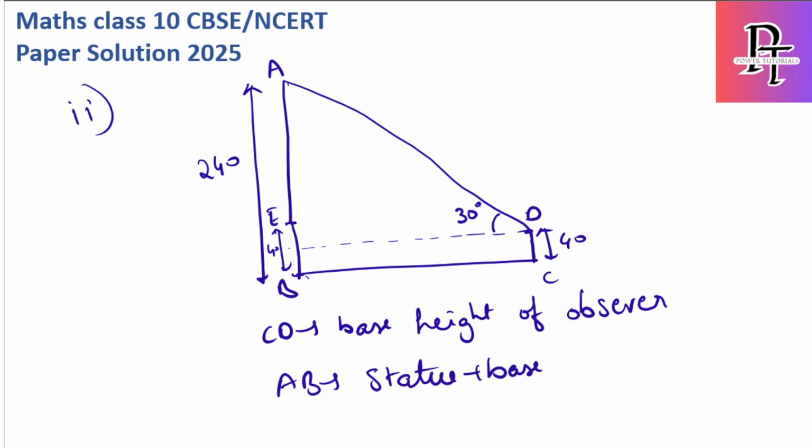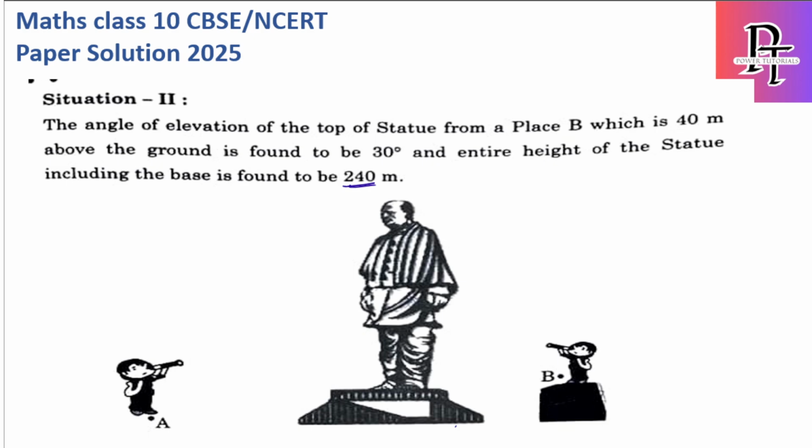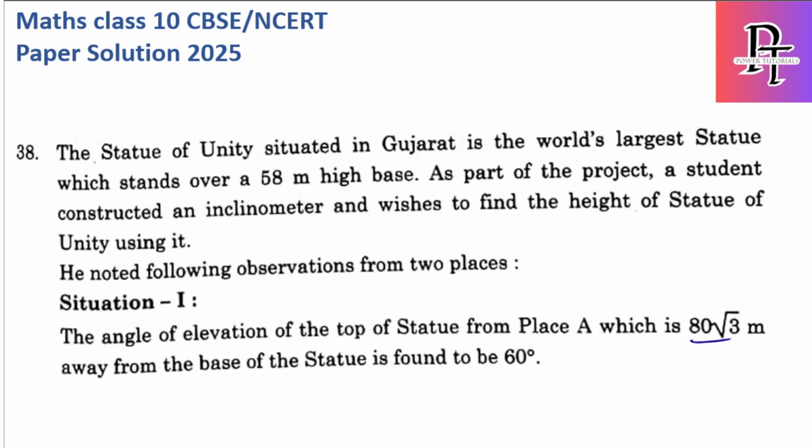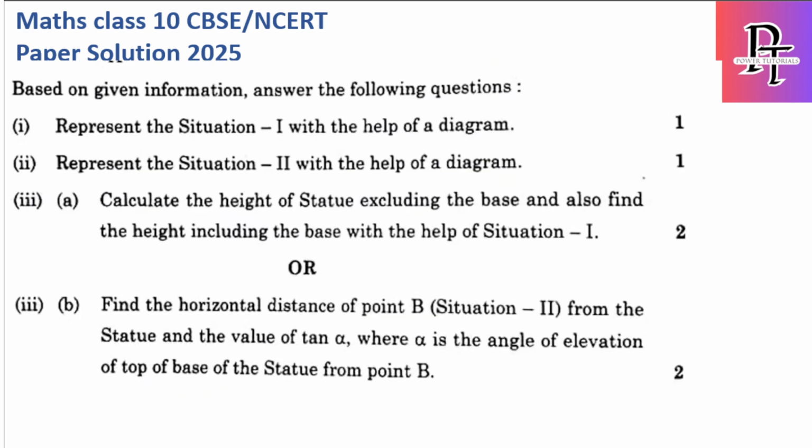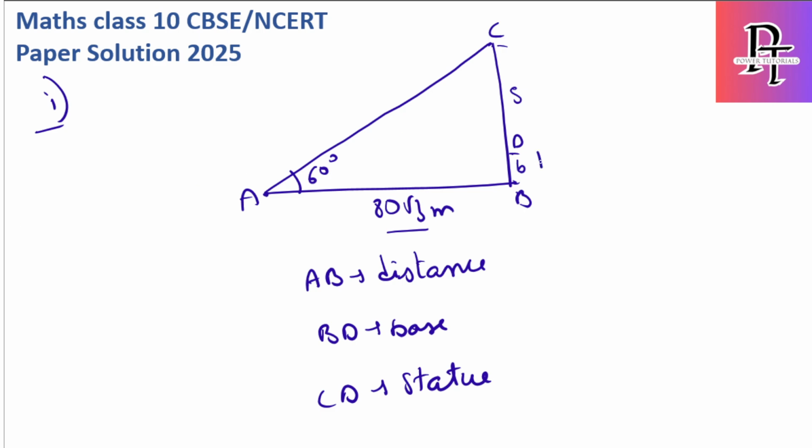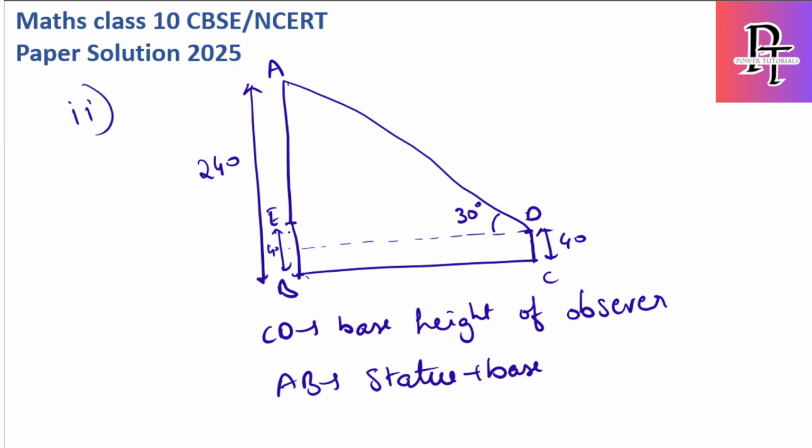Okay, these are enough. If you also want, you can also mark this point. This is 58. This is already provided in the question. Okay, we don't know the height in situation B, but still we know the base height, which is 58. So here also, if I want, I can mark this. This is 58. BE is 58.